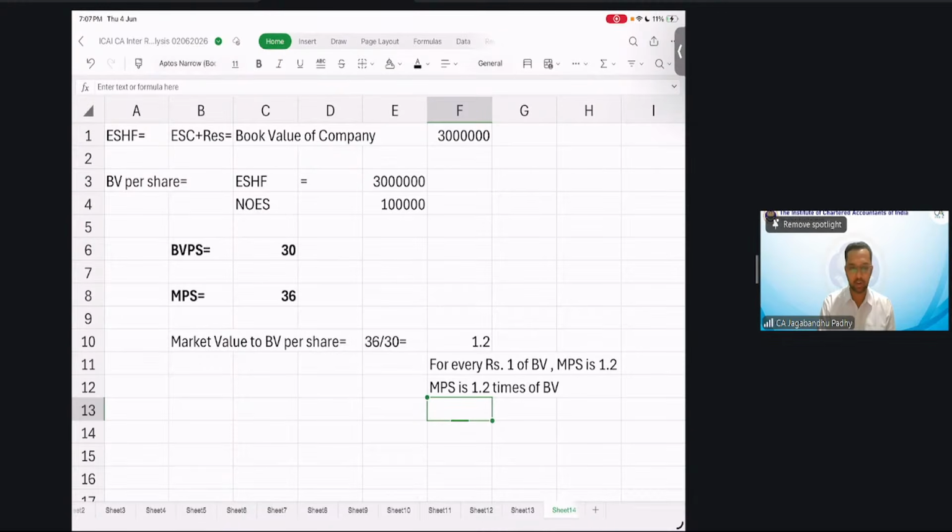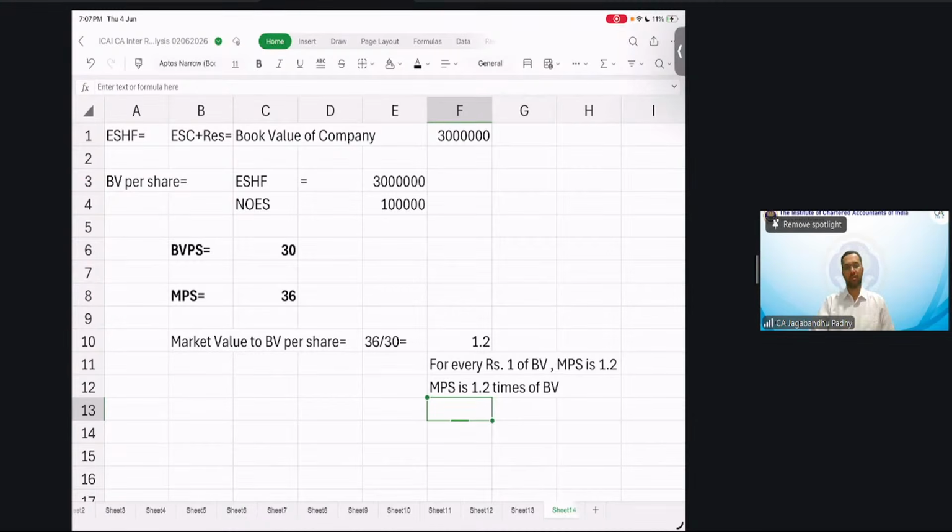Okay, so that's your market value to book value per share, which is 1.2. That's this particular ratio.